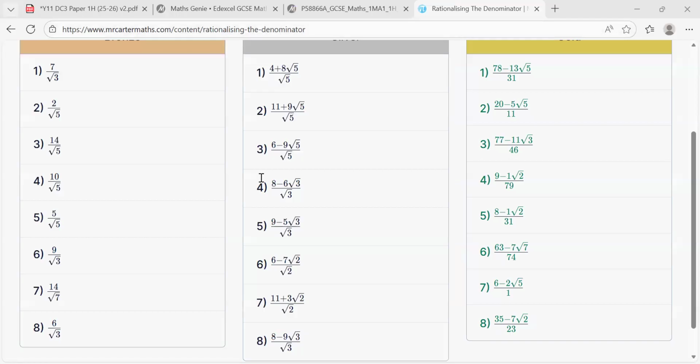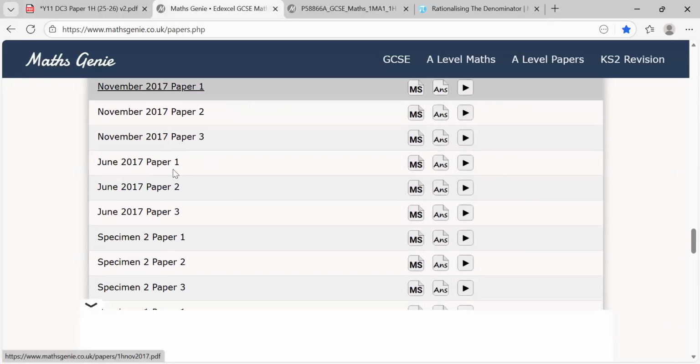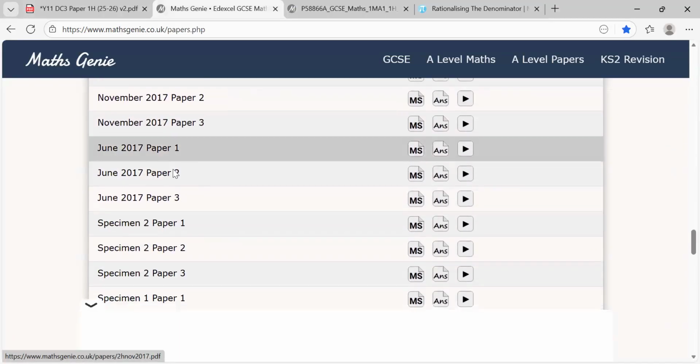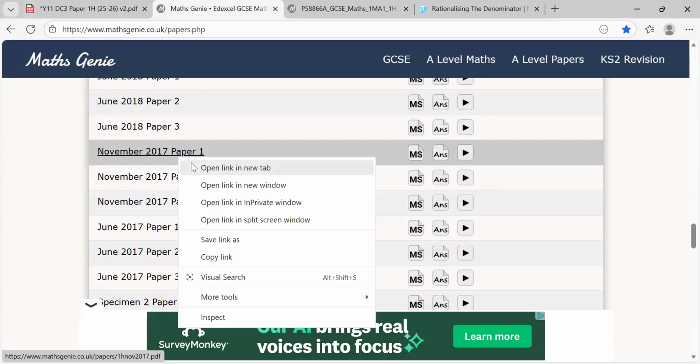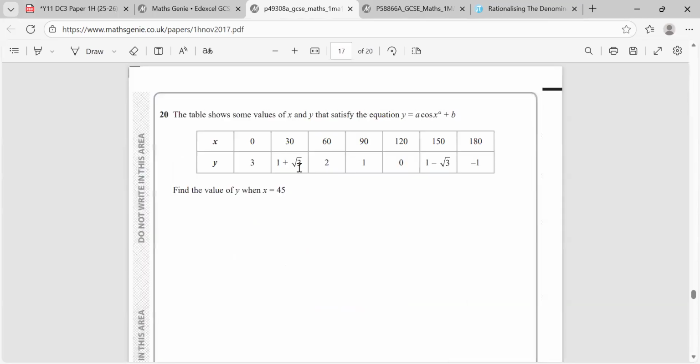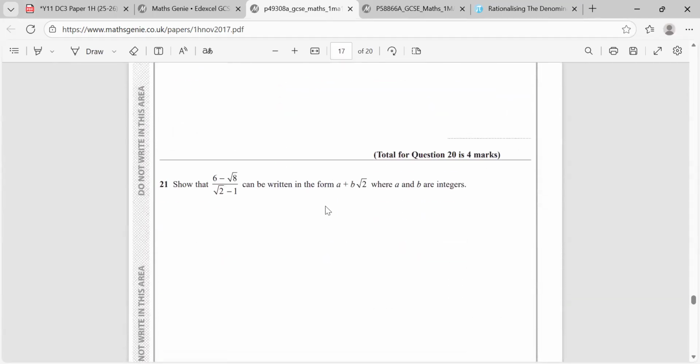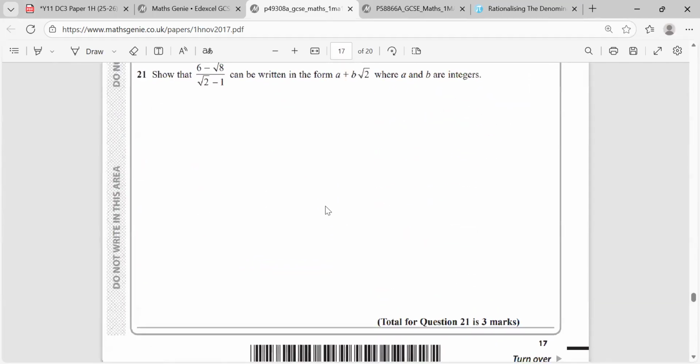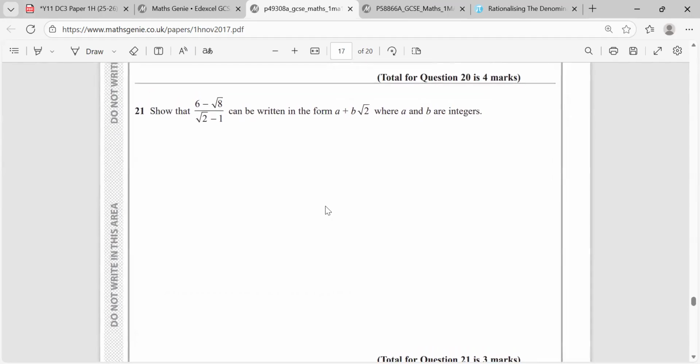You've got two types here. You've got a simple exam type question. So let me show you a simple one, a routine one. So November 2017, paper one. You can see it's a non-calculator paper question. Here we have something like that, a 3-mark question. So this is what we call a routine question.